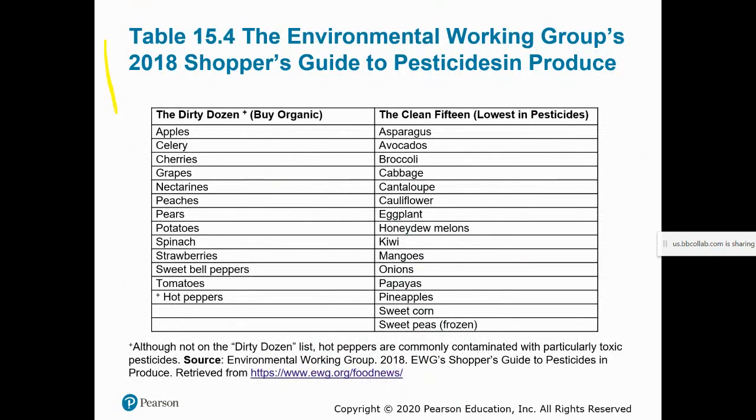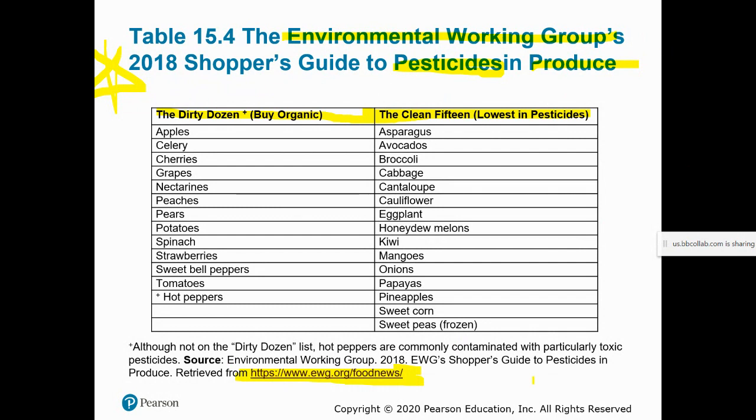This is super helpful too for all of us, to reduce our pesticide exposure in fruits and vegetables. This comes from the Environmental Working Group as the Clean 15 and the Dirty Dozen list. Maybe you've heard of this before. Here's a link too, but I'll put this up on this week's content.